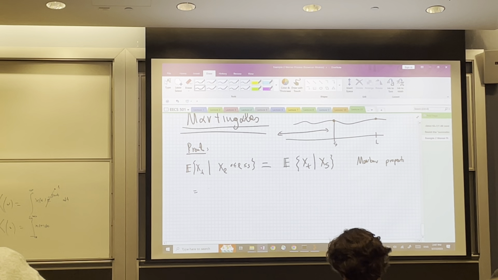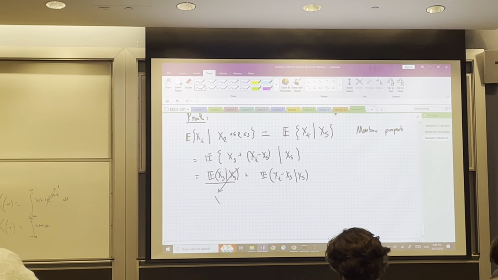Alright, but let me write this as the mean of xs plus (xt minus xs), given xs. I can always do that. Then, by linearity of expectation, the mean of xs given xs, plus the mean of xt minus xs given xs. What is this? xs. And what is that? Independent increments.